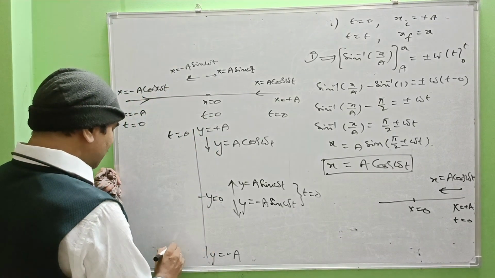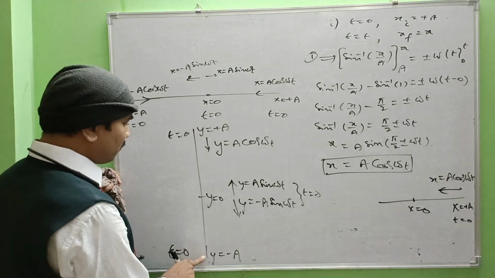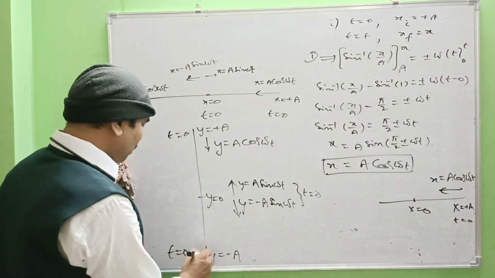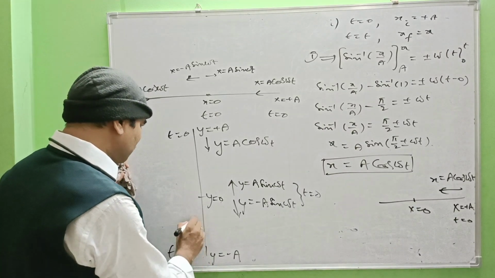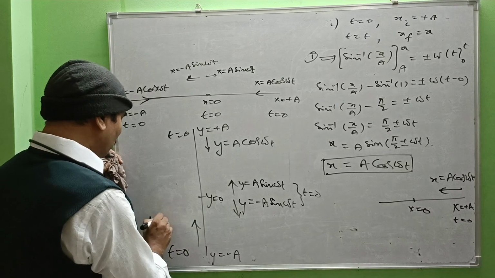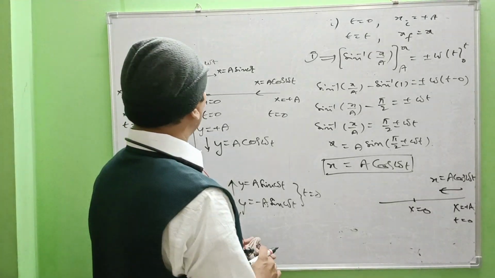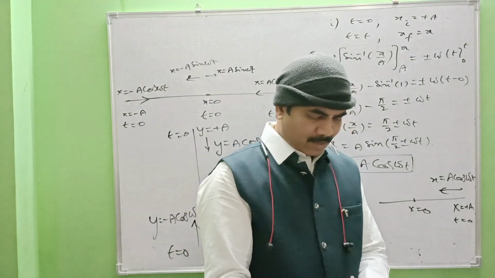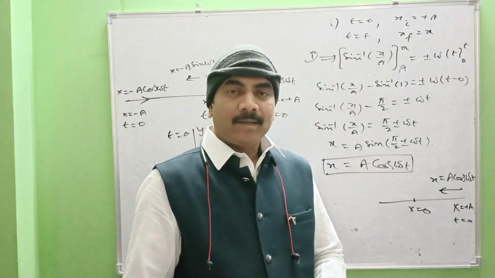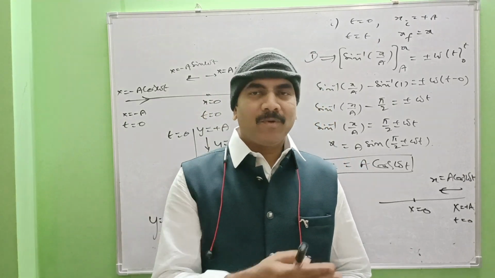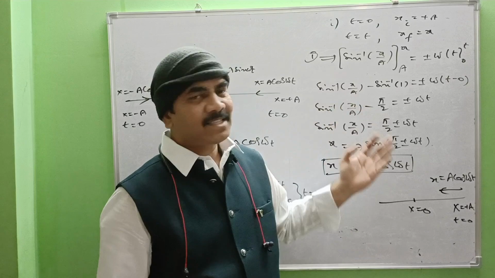In the same way, if it is initially found at the lower extreme position, y equal to minus a cos omega t. So that's about the different mathematical expressions for a particle moving along the x-axis or y-axis.